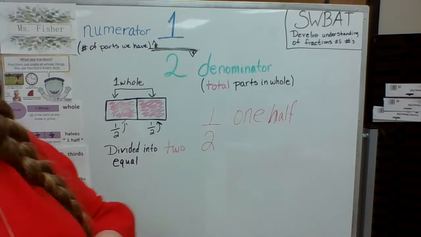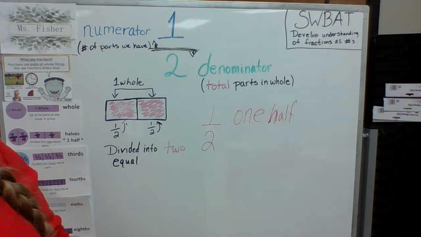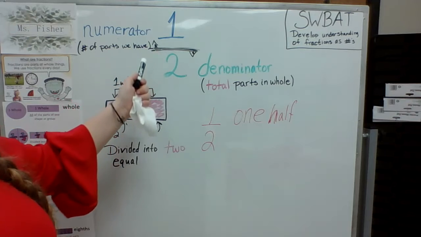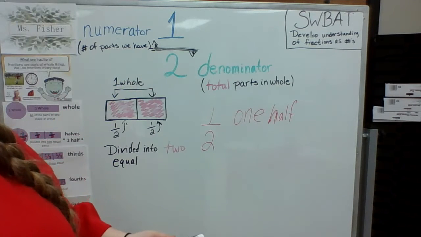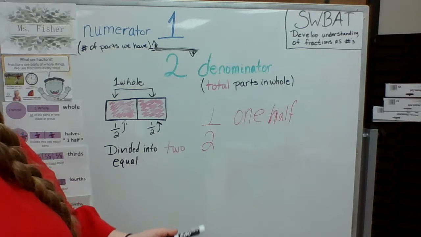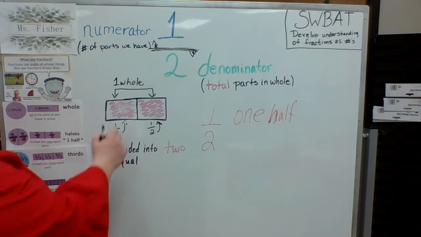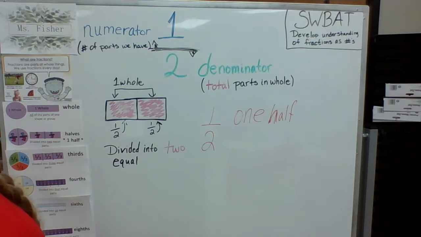Okay? So the denominator describes how many equal parts the whole is divided into. So when you say you have 1/2, that means the whole is divided into 2 equal parts, and you have 1 part of a whole. Okay?